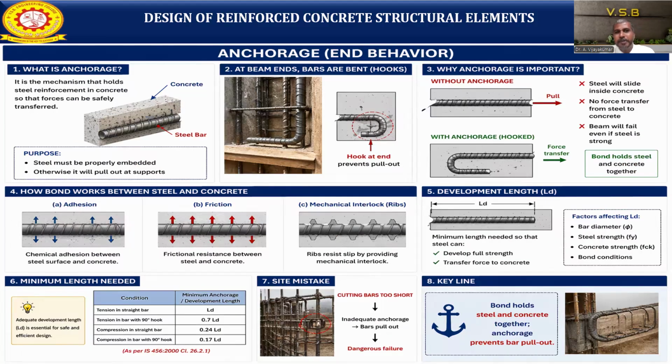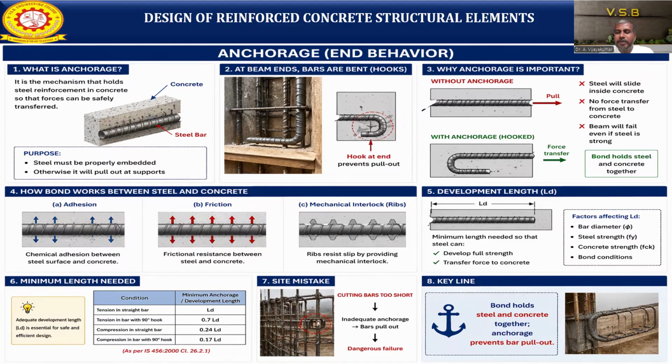So what is the end behavior of the anchorages? What are anchorages? It is a mechanism by which the loads in steel reinforcement and concrete, the forces, can be safely transferred. Now look at the structure. At the end of a beam, the bars are bent into hooks. This hook is very important to transfer the stresses to the members.